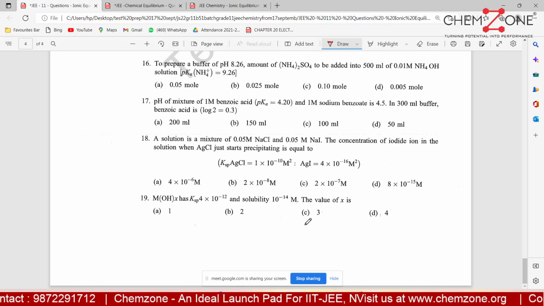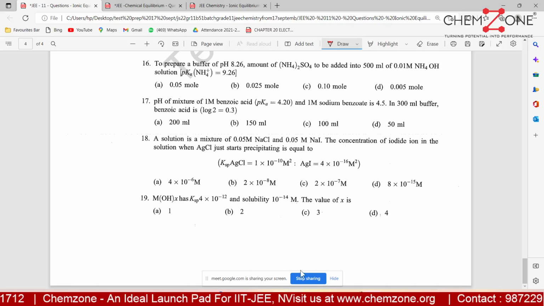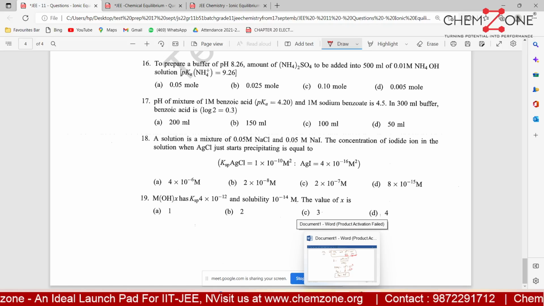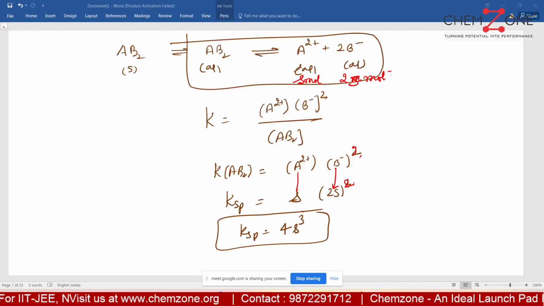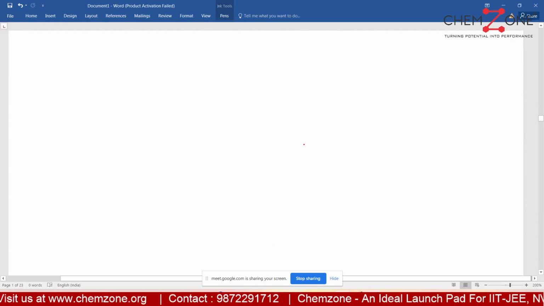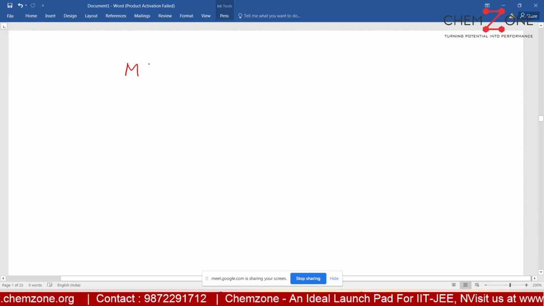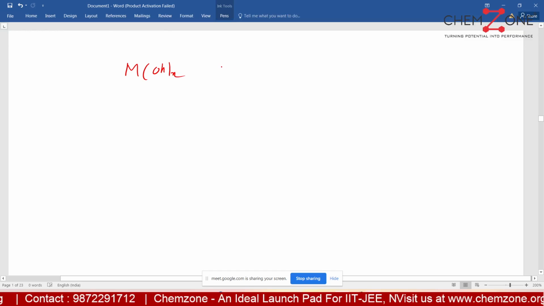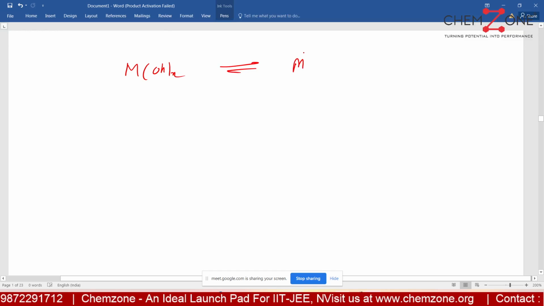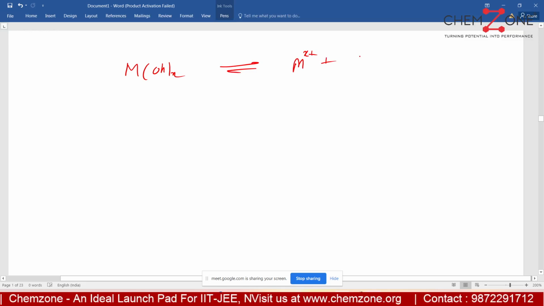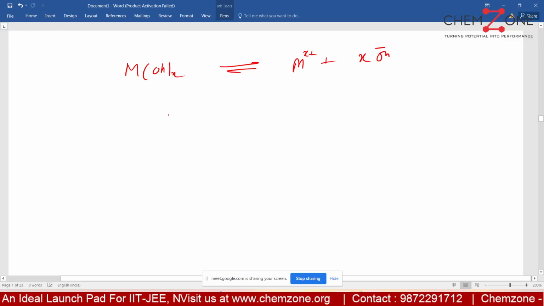So how do we know the solubility? What is the solubility they have given? See, MOHX will produce MX positive and X moles of OH ions.